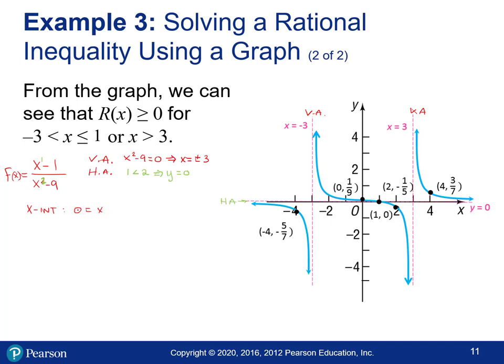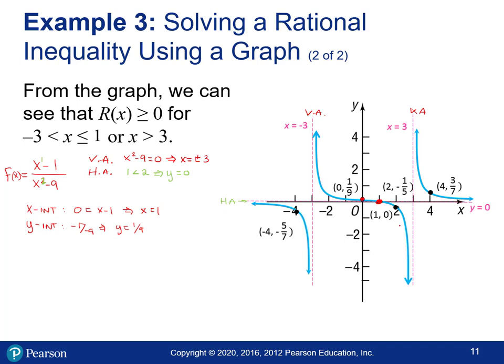It would be times by 0, and you would get x minus 1 equals 0. So that's why your x-intercept is at 1 right here. And your y-intercept, plug in 0 for x, and you would get -1 on top, -9 on bottom. So that's why you have a y-intercept at 1/9, very low right there, close to 0.